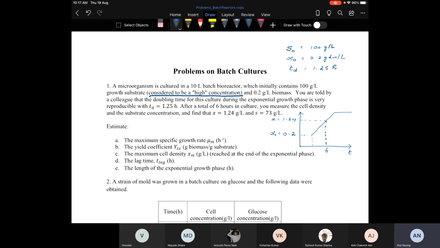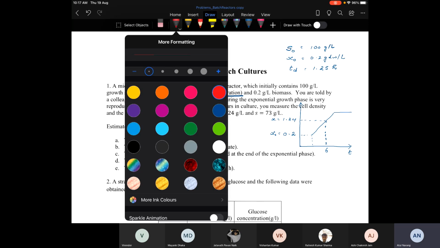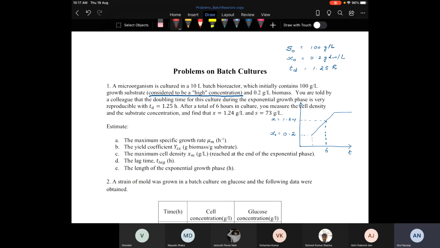X is equal to 1.24 here. Now, if I also draw the substrate concentration, let's say, coming down like this.